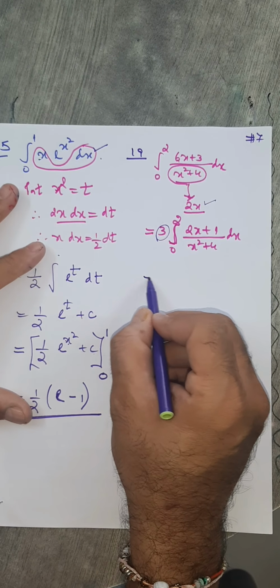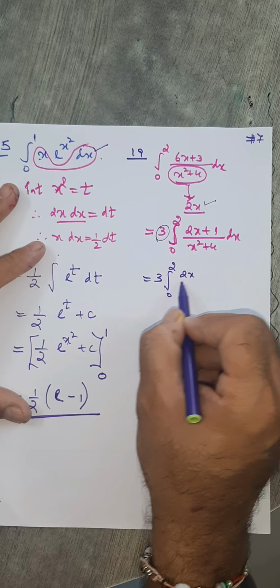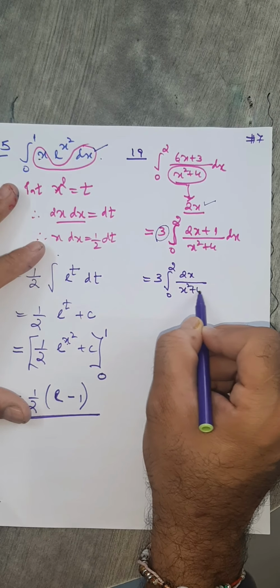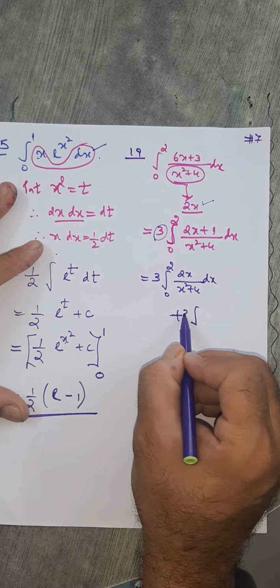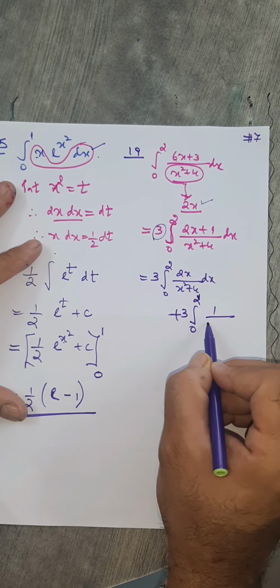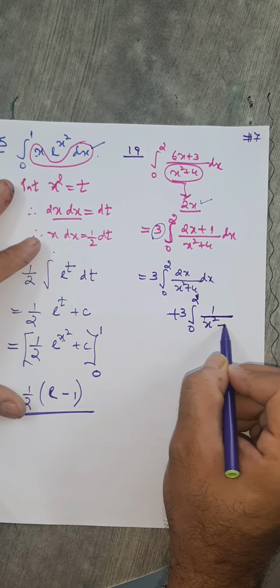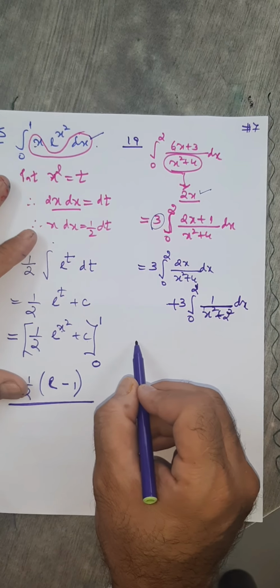So integral 0 to 2, if I take 3 outside, this is (2x plus 1) upon (x square plus 4). Now split into two integrals: 0 to 2 of 2x upon x square plus 4, this is f dash upon f form, plus 3 is common for both, integral 0 to 2 of 1 upon x squared plus 2 squared. This is a known formula.